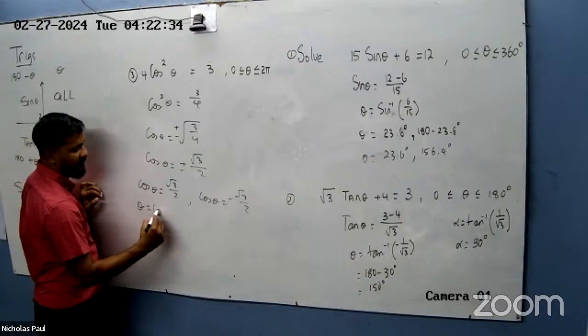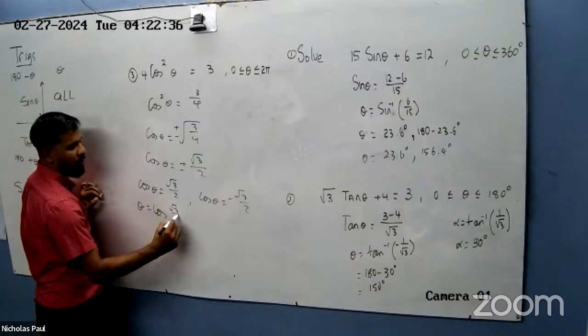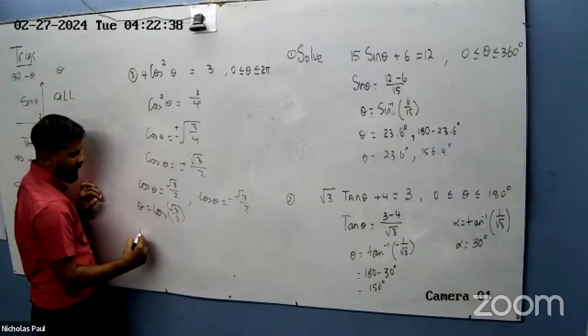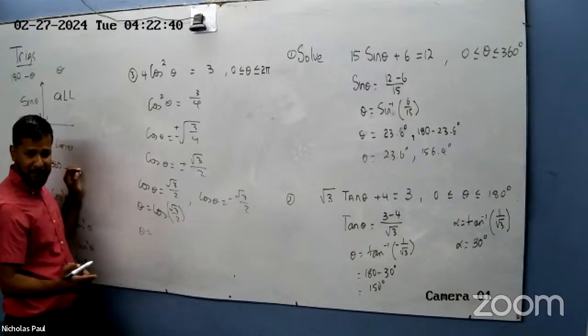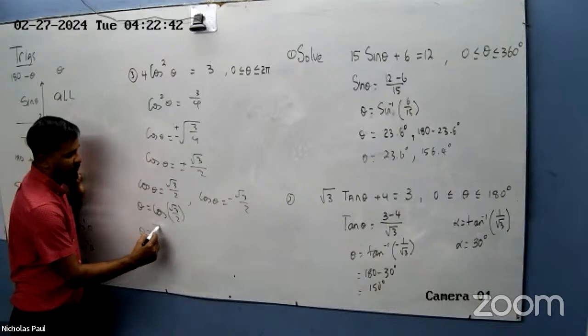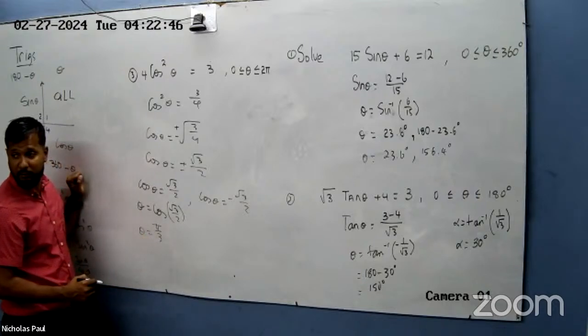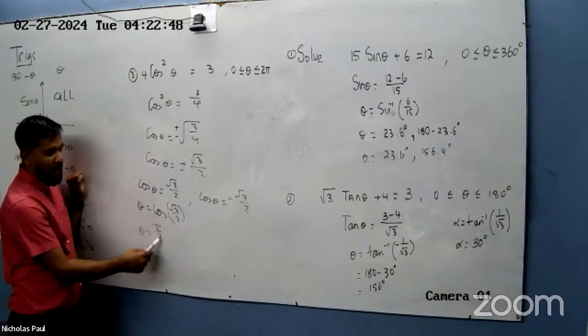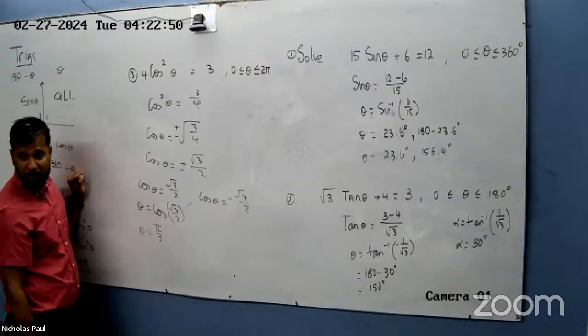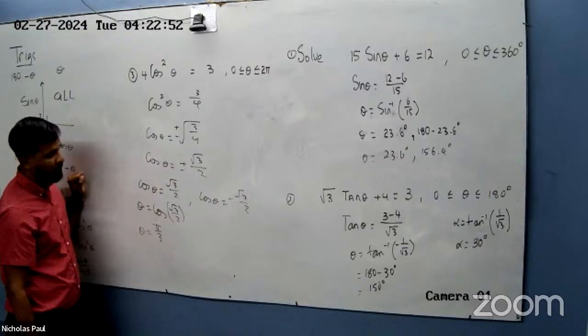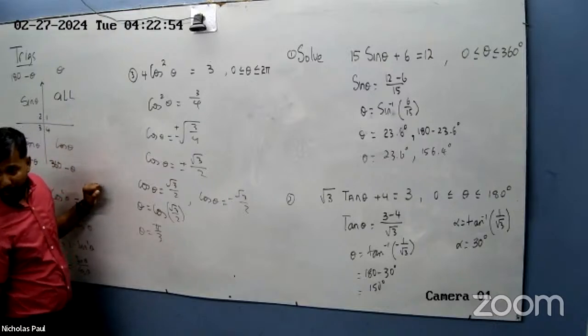So your cos inverse root 3 on 2, you might get a decimal value, but the answer I am looking for is pi on 3. Anybody got that? All you got is pi on 3. How much did you get?